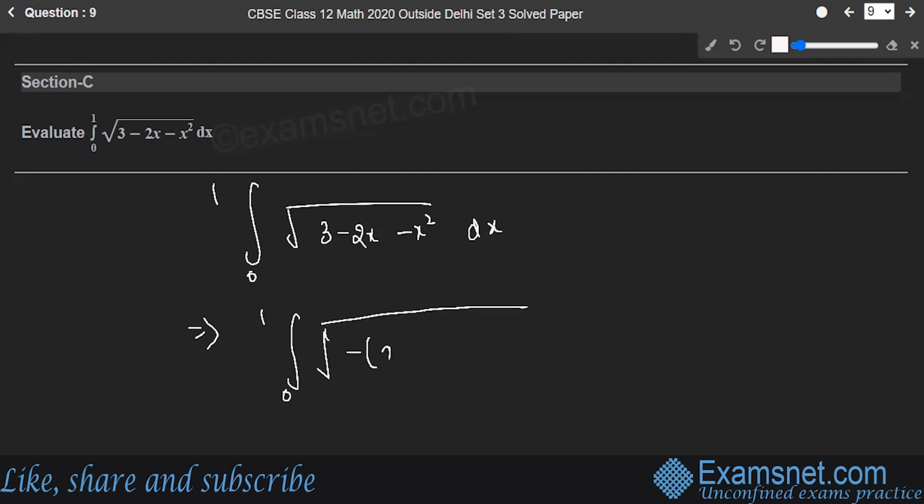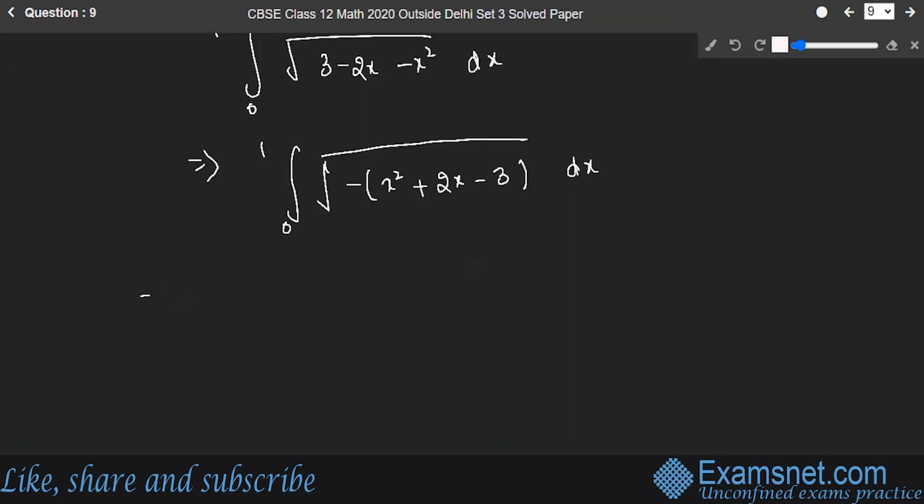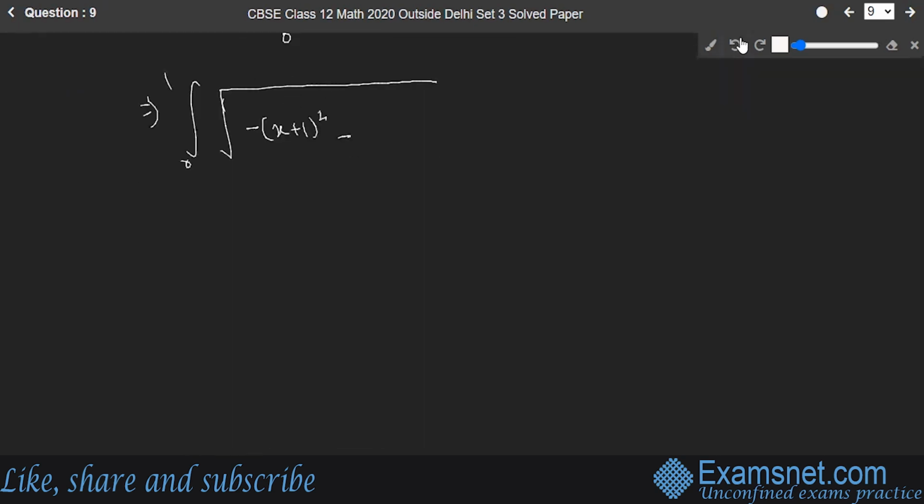This will be minus x squared plus 2x minus 3 dx. So this can be 0 to 1 root of 2 squared minus (x plus 1) squared.